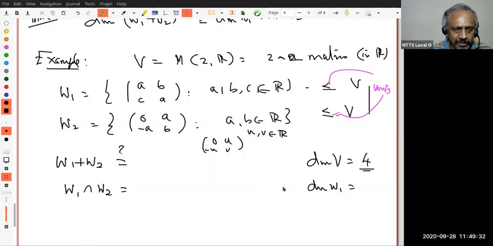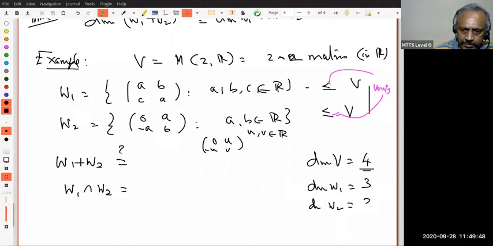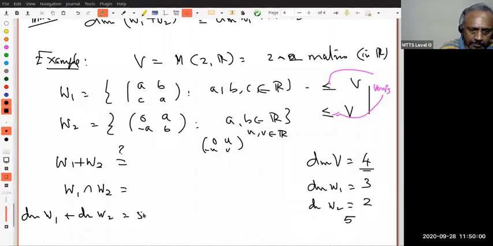Therefore, as you all know from my lectures on dimension, the dimension of W1 is 3. And what is the dimension of W2? A and B, it needs only 2 coordinates. Therefore, the dimension of this must be 2. Right? Therefore, the dimension of W1 plus the dimension of W2 is 5.